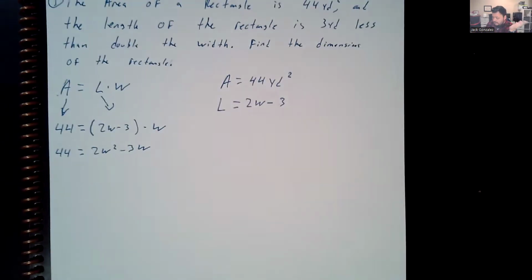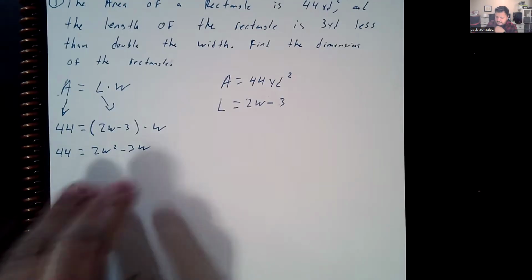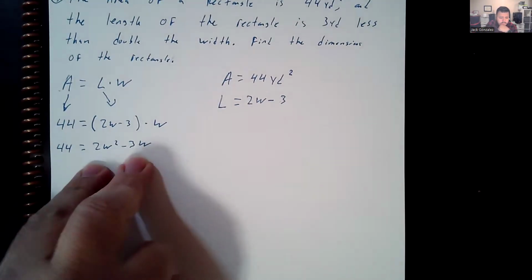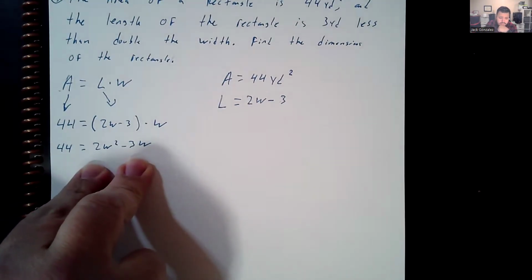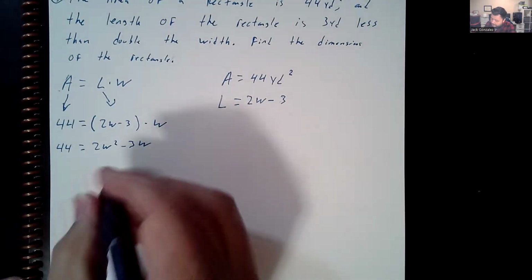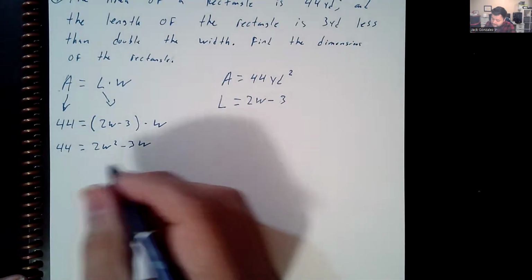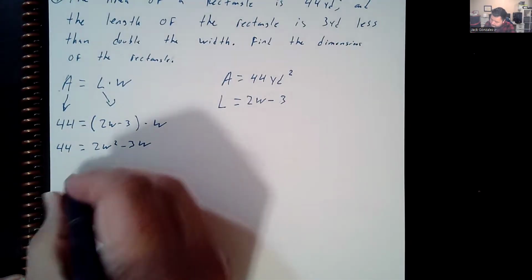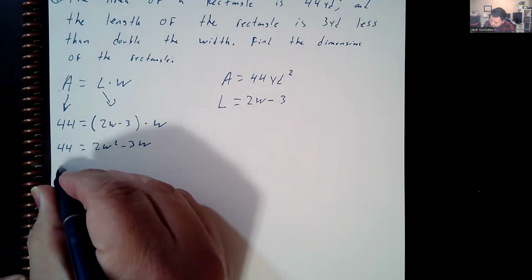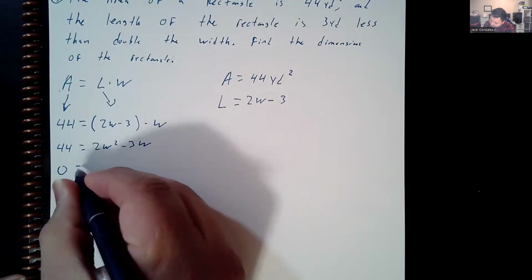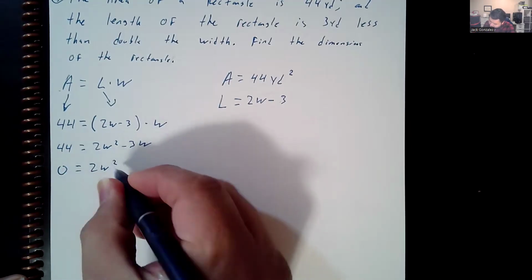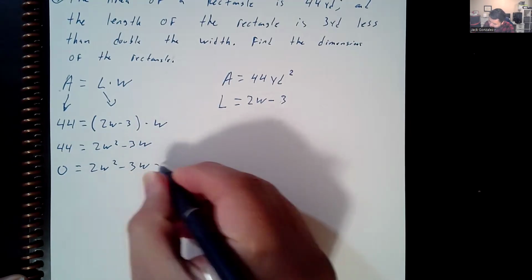Okay, so in all honesty, that's the hardest part. Word problem is just trying to translate it and getting the problem set up. Because once we're here, we're back to solving quadratics, right? So we're going to move that 44 over. In other words, set it to 0, subtract 44.